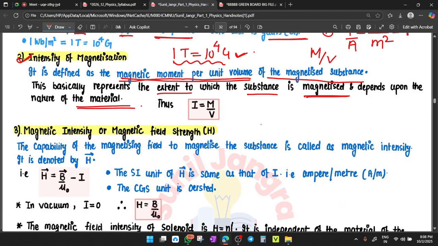The teacher delivers the same lecture, but some students get very high content and some are not interested in any line. So this is called intensity of magnetization, M per unit volume. If the intensity of magnetization has a high value, it means the material is magnetized to a good extent.